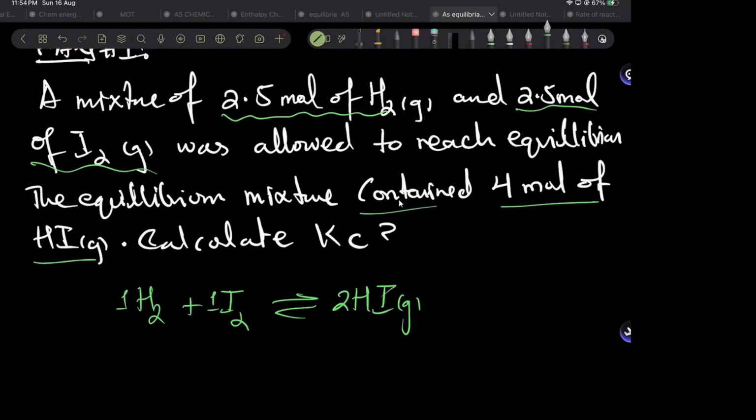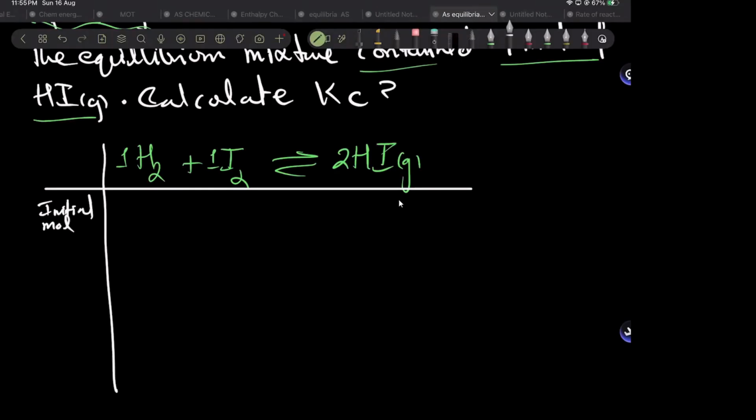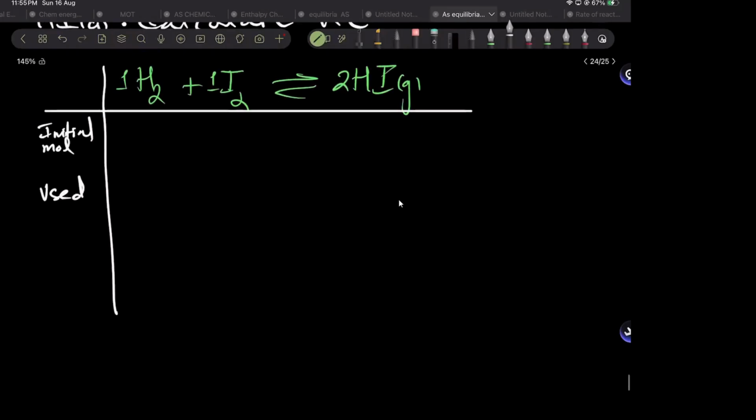All right. So in order to do the calculations, always remember, whenever you're asked a question of Kc, we want to make this table that I'm going to make right now. So I'm going to make a table over here that's going to have the headings initial moles at the start of the reaction, and then how many moles were used, and then how many moles would be present at equilibrium.